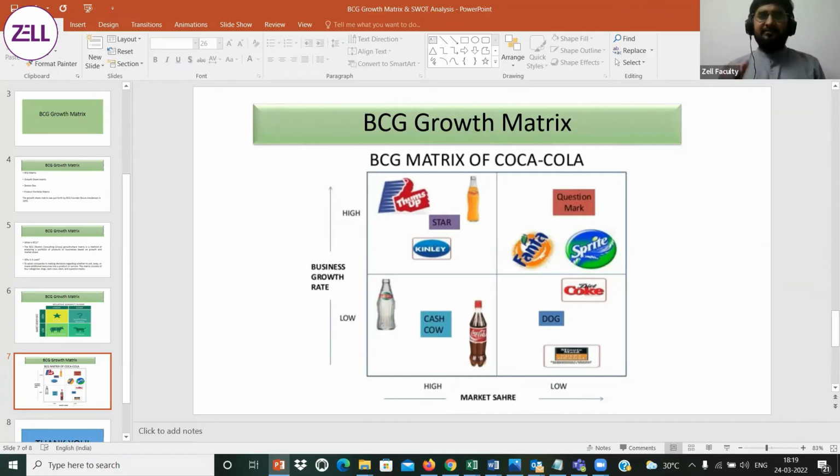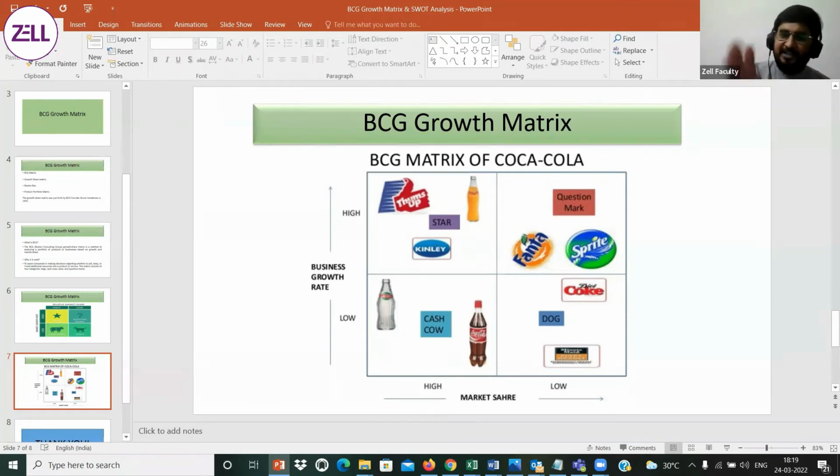You guys said, first we should put money on Star. Absolutely correct. Star is Maaza. Maaza is something very close to fruity, which enjoys the dominant share in the Indian market. Kinley, packaged drinking water, is second to BCG, the leading market player. And Thumbs Up, Taste the Thunder.